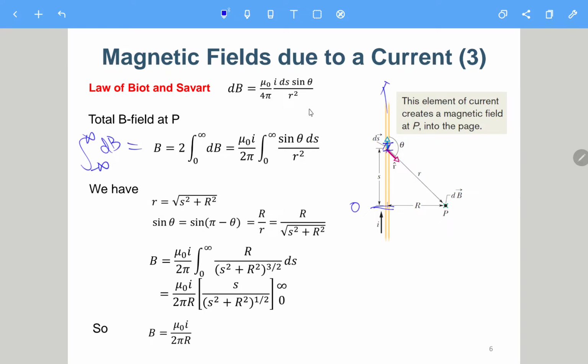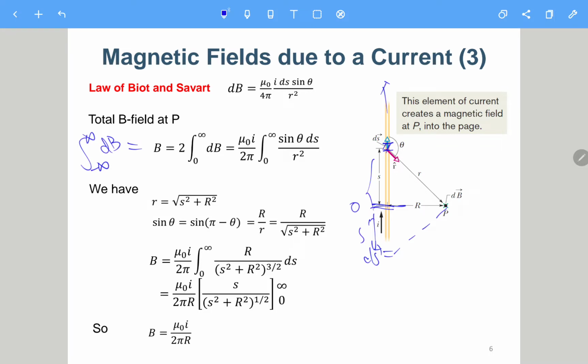And actually this one is symmetric, so it will be 2 times this integration from 0 to infinity. We just cut it by half because for this part you can also find a ds symmetrically. It will generate the same dB, because it will not cancel anything.